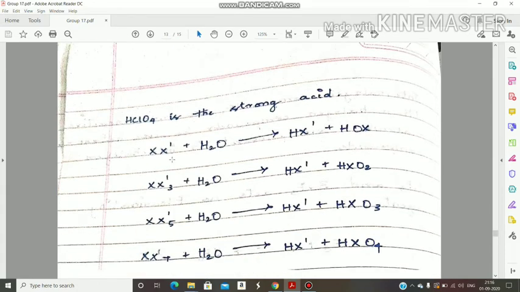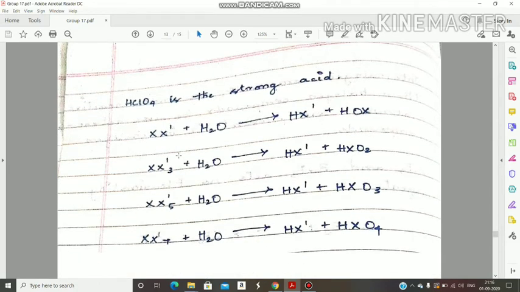among all these oxyacids of chlorine, HClO4 is the strongest acid, because I told you already in 15th group elements, when the number of oxygen atoms is more, automatically the acidic nature is more. That is one reason. And one more reason is, if the oxidation state increases, then the acidic nature also increases. That is why HClO4.